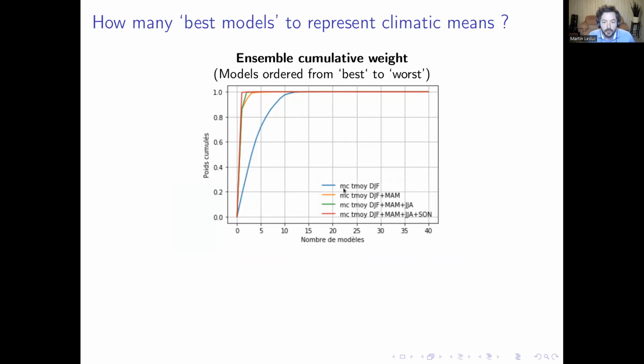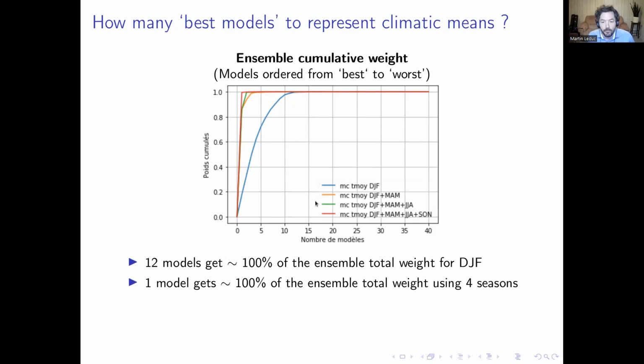We see that if we use only the temperature in winter, about 12 models get nearly 100% of the ensemble total weight. And when we combine the 4 metrics, it's now 1 model that gets nearly 100% of the ensemble total weight.